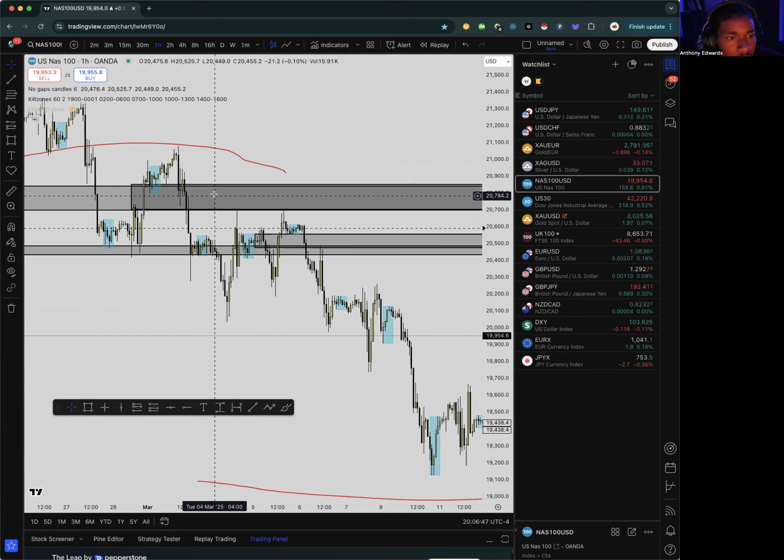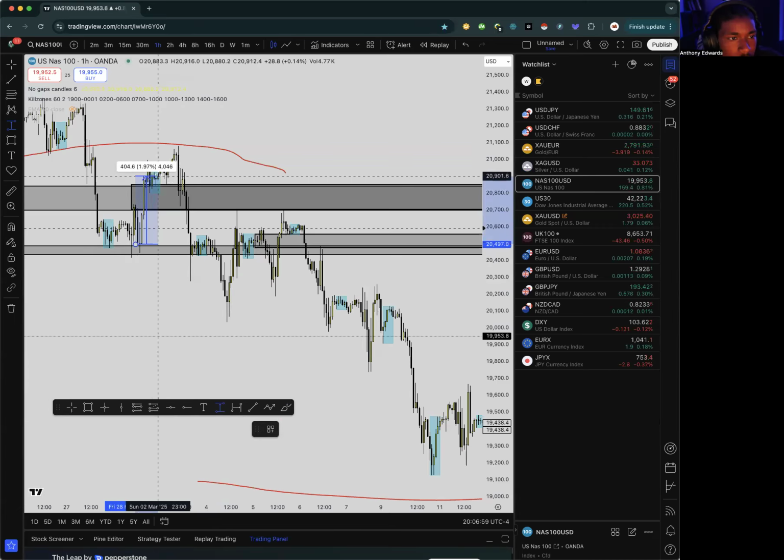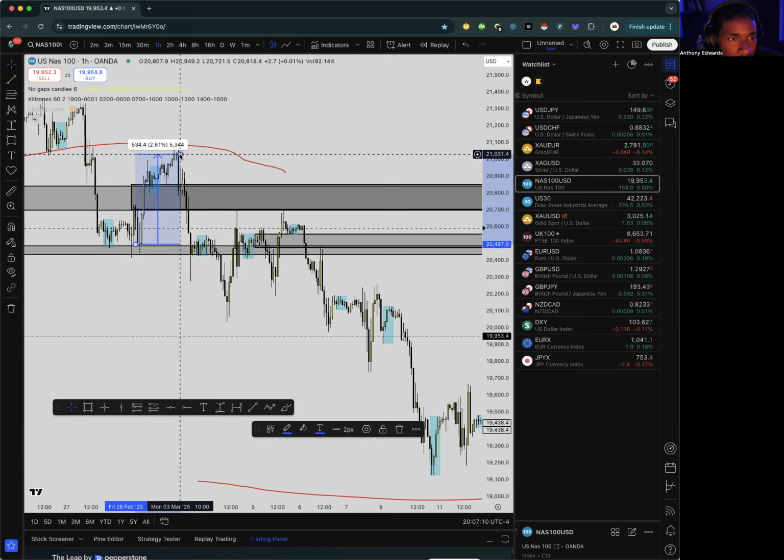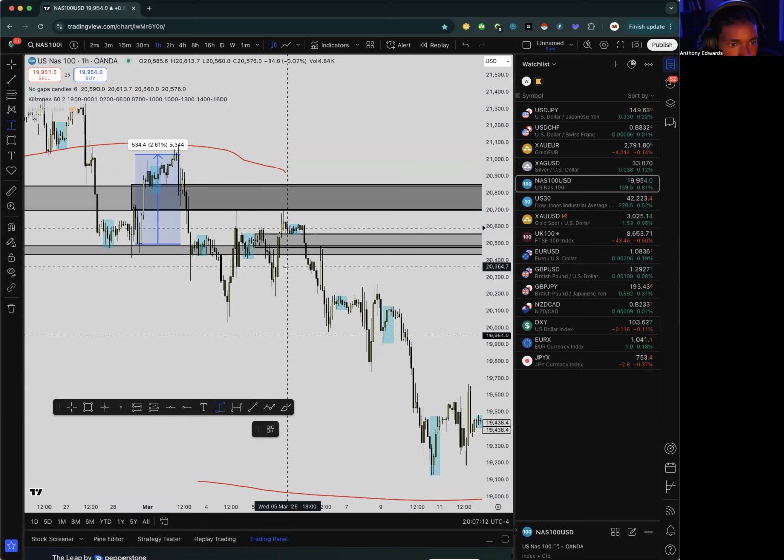I'm more concerned about this area because there was a large buy, people in the market buying here and then selling here. If you take into account the size, that's 5,300 points. So there are more buyers.